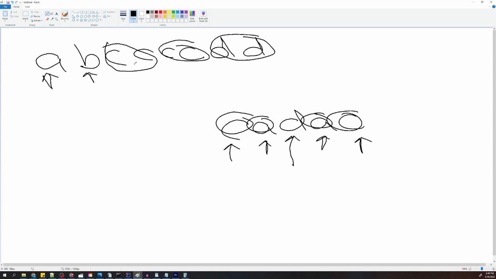Okay, so basically what we would do is use buckets and count all of our C's. So here we have 4 C's. We count all of our D's. Here we have 2 D's. And then we would count all of our A's and B's. Here we have 1 A and 1 B.